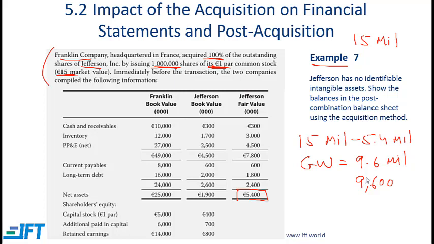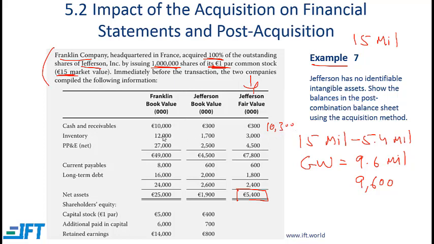Now let's take a look at the balance sheet of the consolidated company. Remember that assets and liabilities are based on the fair value of the assets and liabilities of the acquired company. What happens to cash? Franklin is 10,000, and then the fair value from Jefferson is 300. So the value of cash will be 10,300.